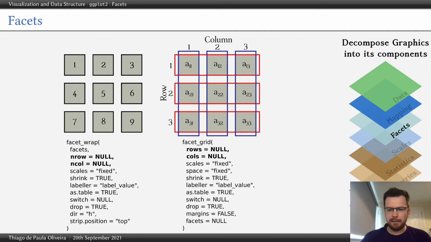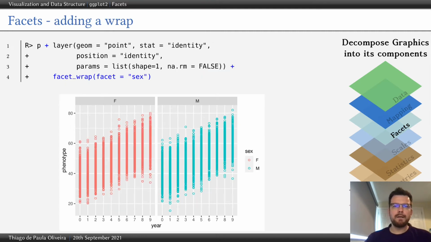Let me see this in practice. So this is the cattle data. The idea is to illustrate the idea behind facet_wrap and facet_grid. And here we are interested in seeing the relationship between the phenotype and the generation. In this case, generation means year, but now plotting it by sex.